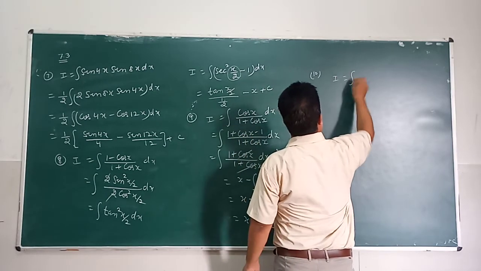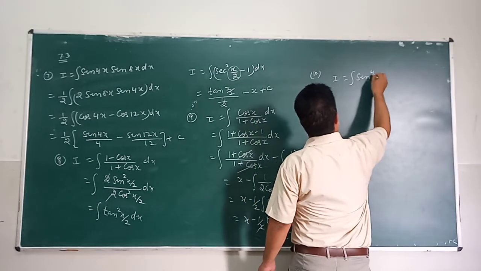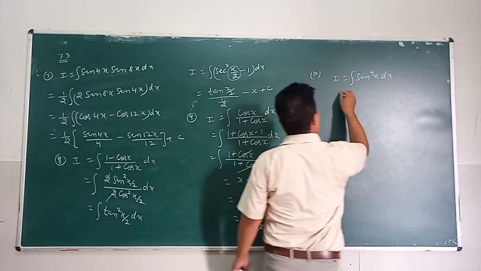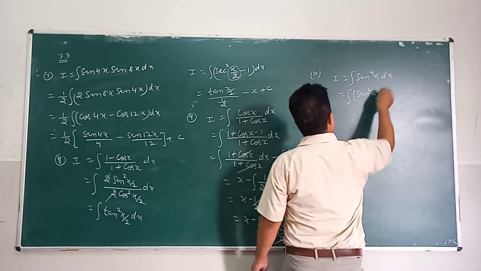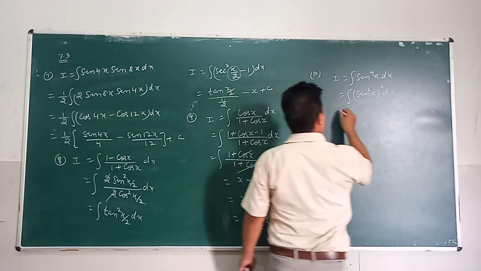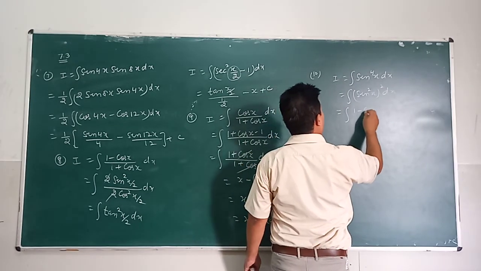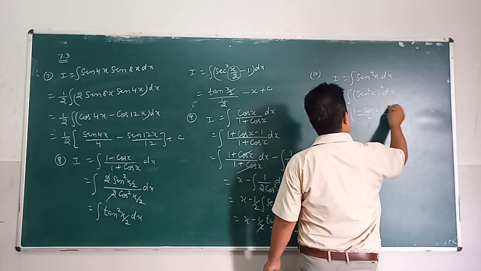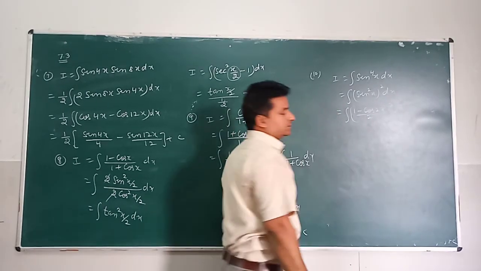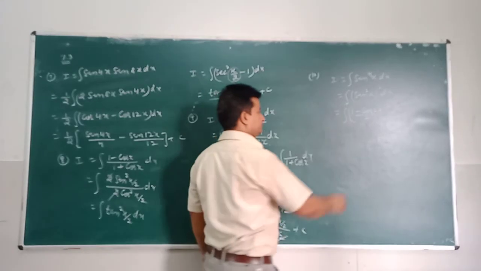In question number 10, the statement is sin power 4 x. We write it as sin square x whole square and use the formula of sin square x in terms of double angle. Double angle means 1 minus cos 2x upon 2.